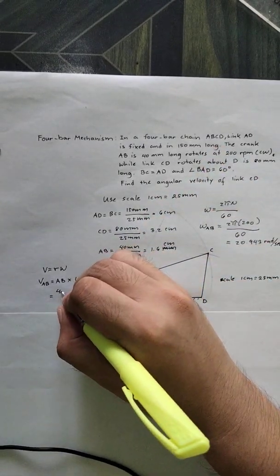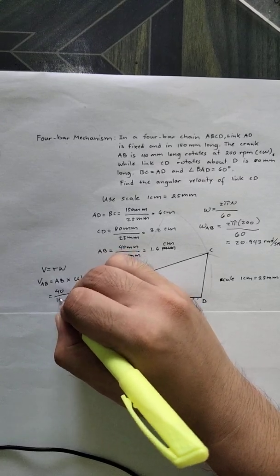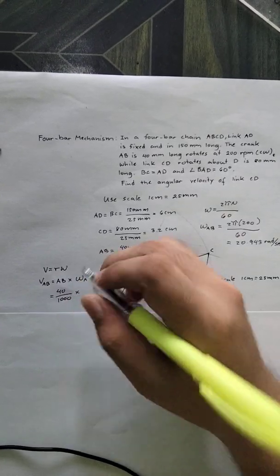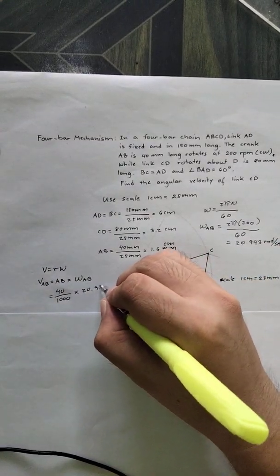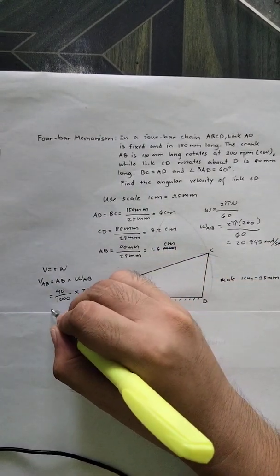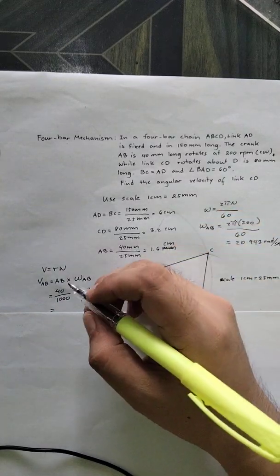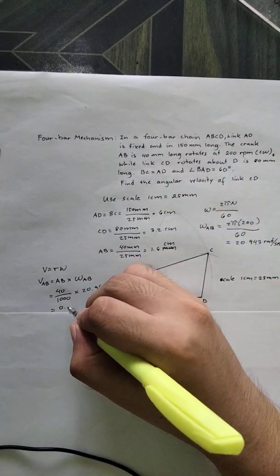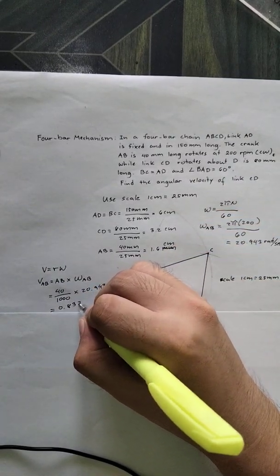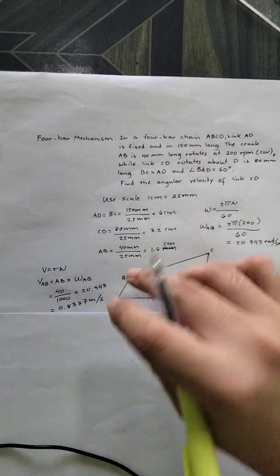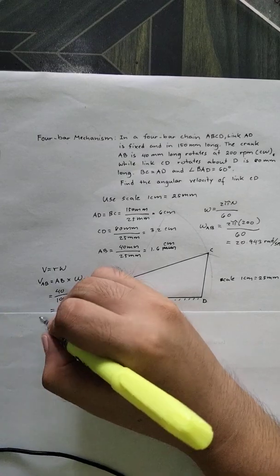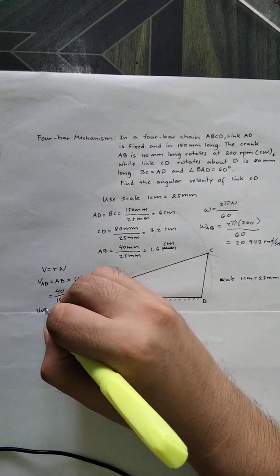We just need to convert that into meters, multiply by the angular speed, which is 20.943. Therefore you have a speed of 0.8377 meter per second. Now this is your speed for AB.